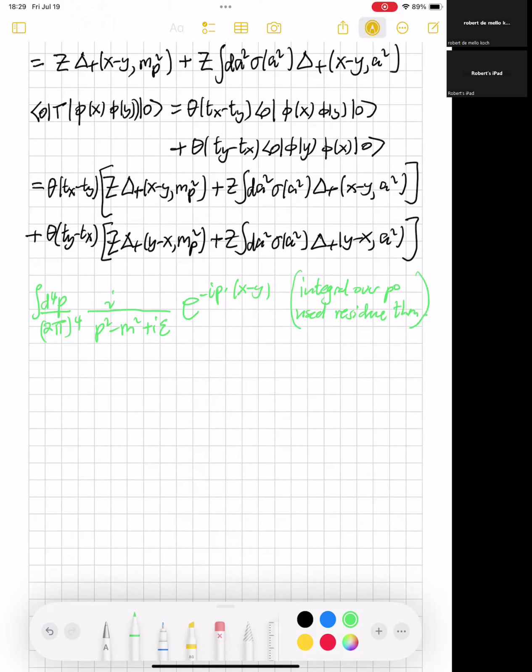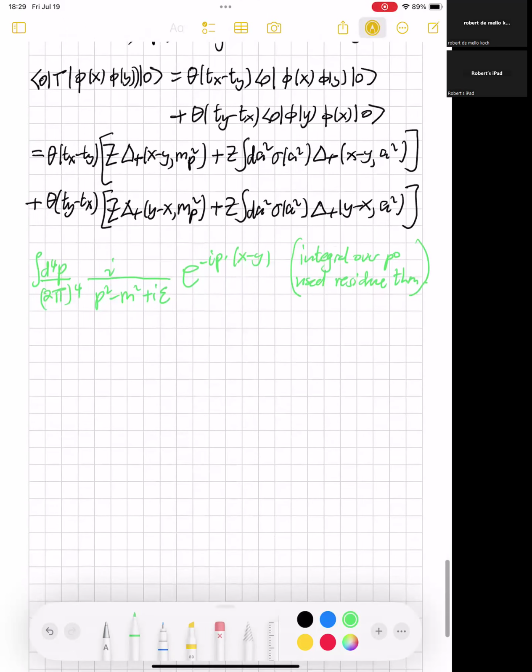We got that result, and now I'm just going to tell you what the result was. Remember, depending on whether t_x minus t_y was positive or negative, we had to pick up different poles, and we ended up closing the contour either in the upper half plane or the lower half plane.